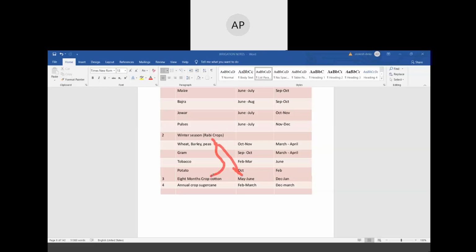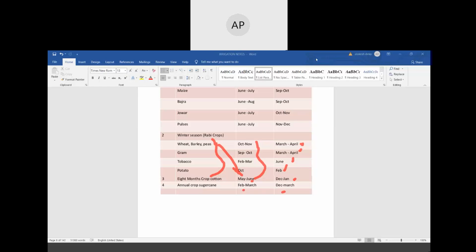All these are rabi crops, and these are sown in October to November and harvested in March, April, February. Okay, and 8 months crop cotton. Cotton is sown in May and July, harvested in December and July. Annual crop sugarcane, February, March, December to March.